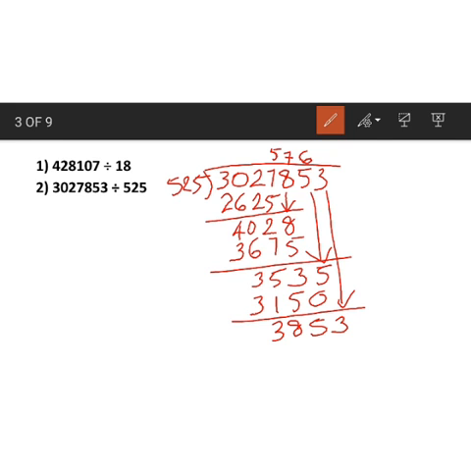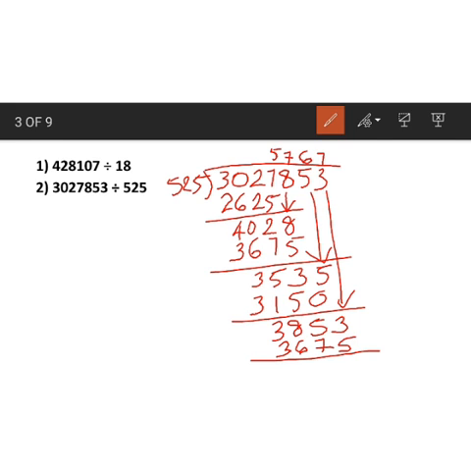Now here again it will go for 7 times. So we'll write 7 here in the quotient part and 3675 here just below 3853.